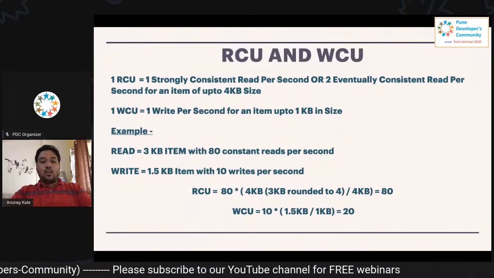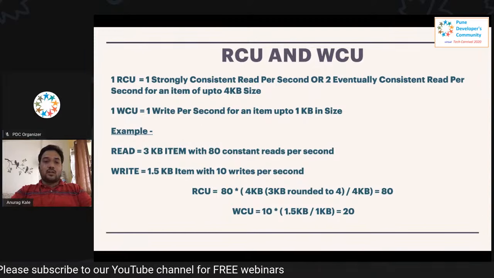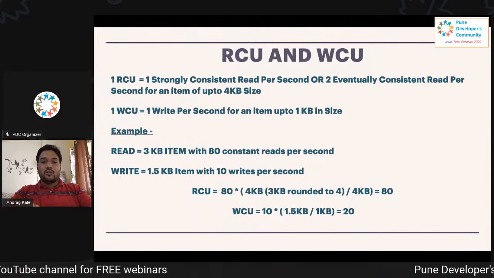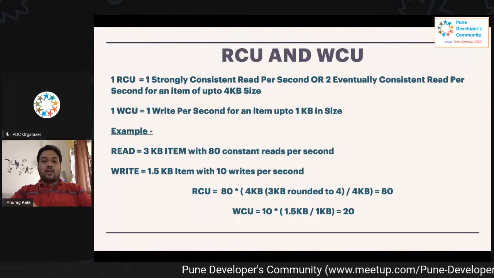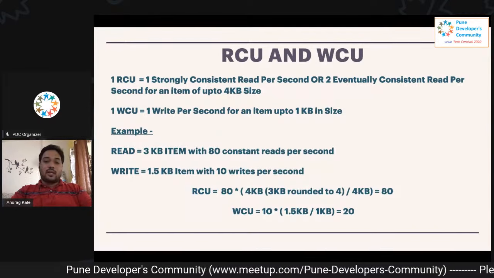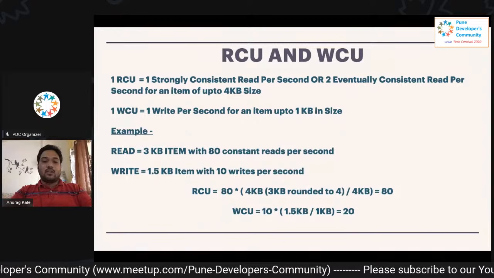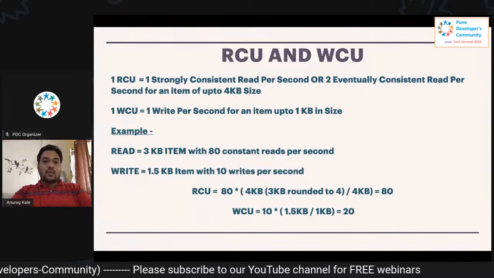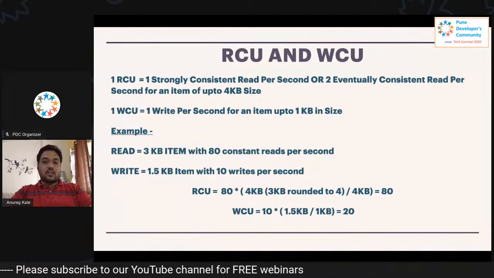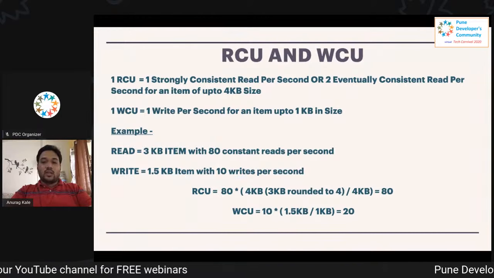All the reads, like I mentioned in the definition, are in 4 KB units. So whether you are reading a 1 KB, 2 KB, or 3 KB item, it is always rounded up to 4 KB. That is why in this formula I have rounded it up to 4 KB divided by 4 KB, which is the maximum size, and it gives you 80.